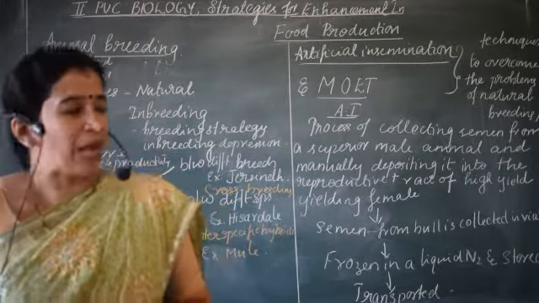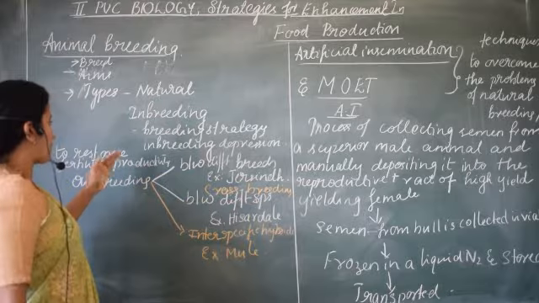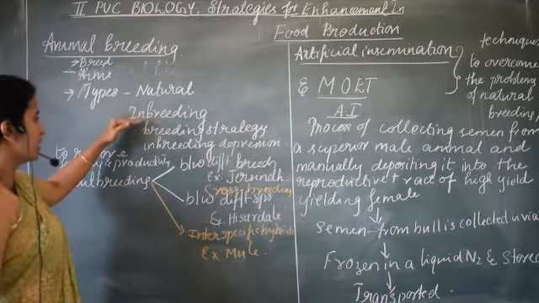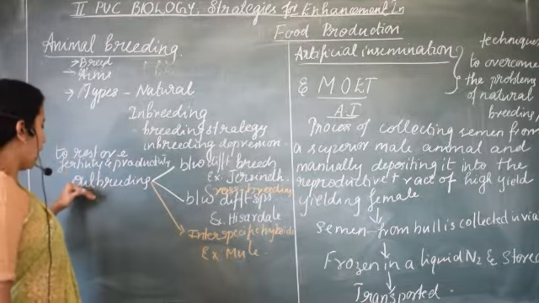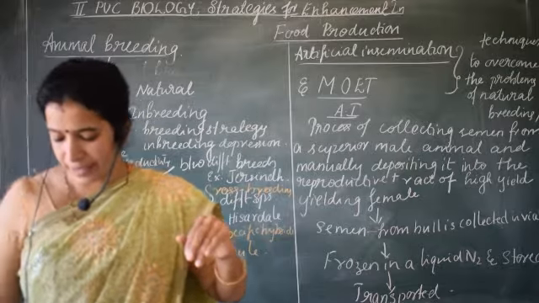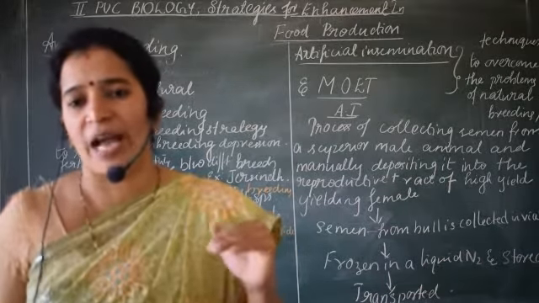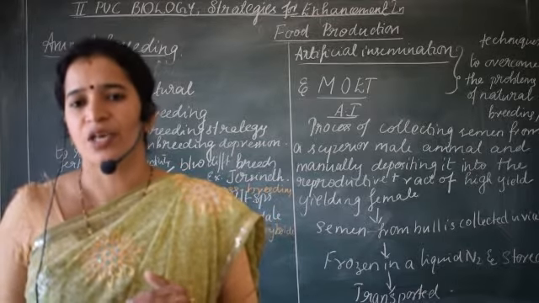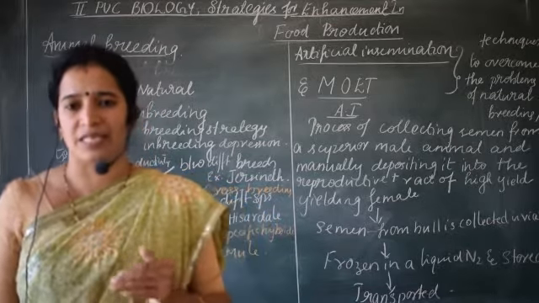Natural breeding can be of two types, inbreeding and outbreeding. What does the inbreeding technique mean? It refers to mating of two closely related individuals which have common ancestors.